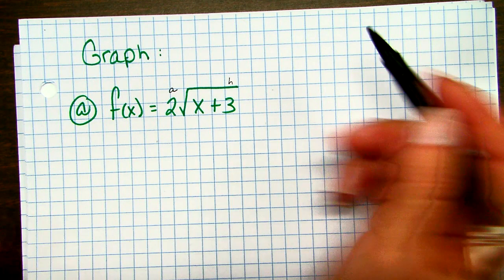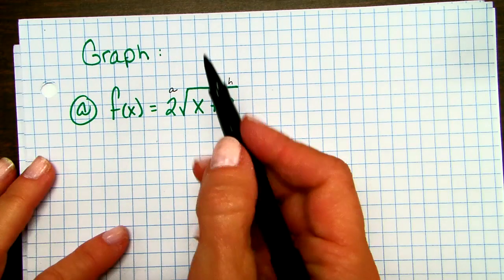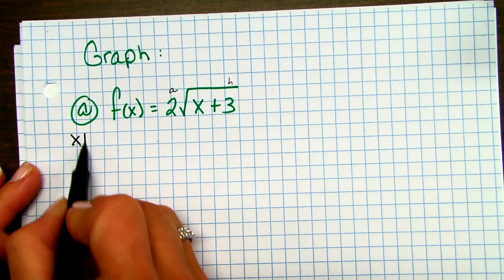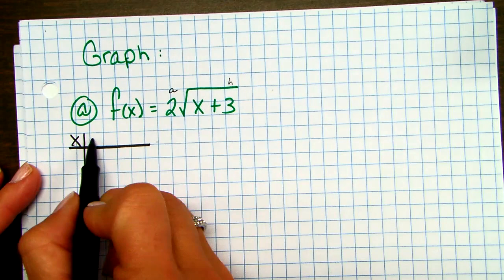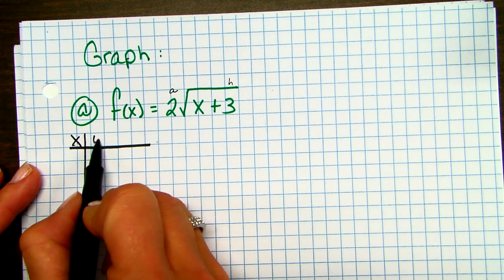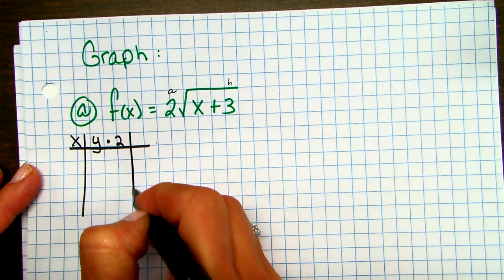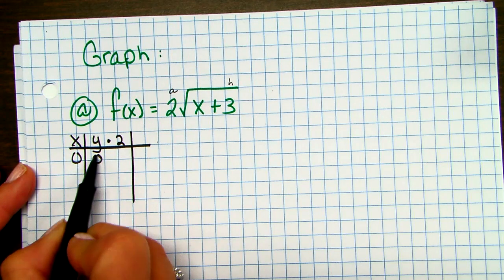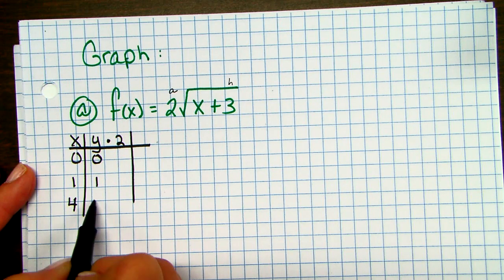Okay, so what this is saying to do is, well, let's just start with the parent function, okay? I'm going to make my x y chart a little differently, guys. Remember I said we're going to be multiplying our y values by 2? Let's put that in the x y chart. So our parent function is (0, 0), (1, 1), (4, 2), right?